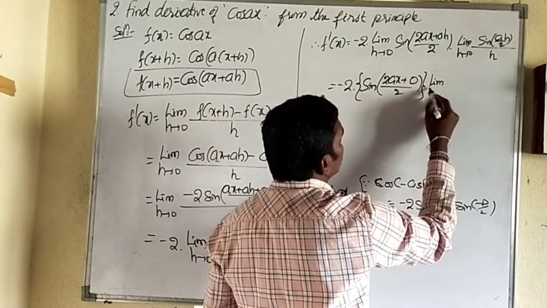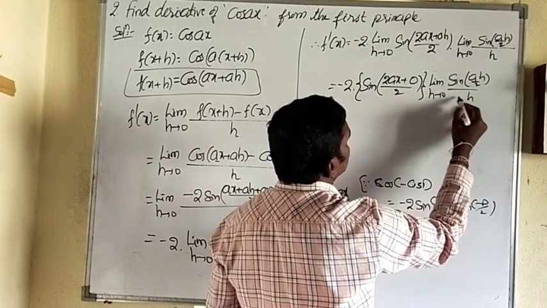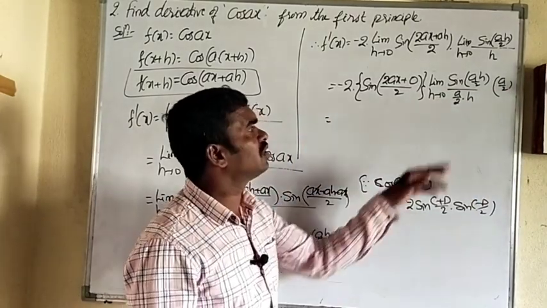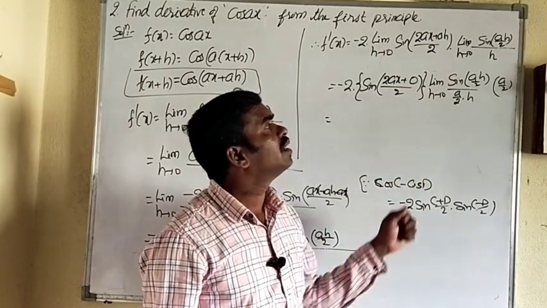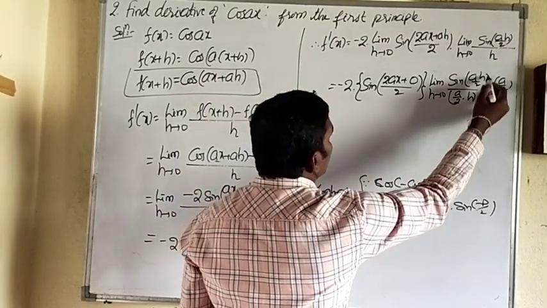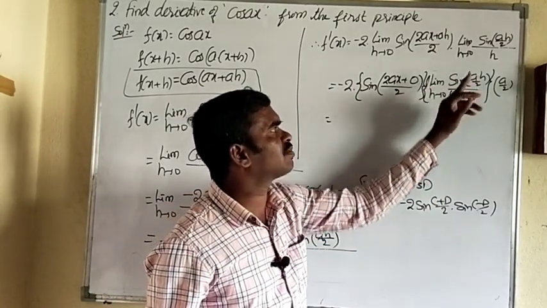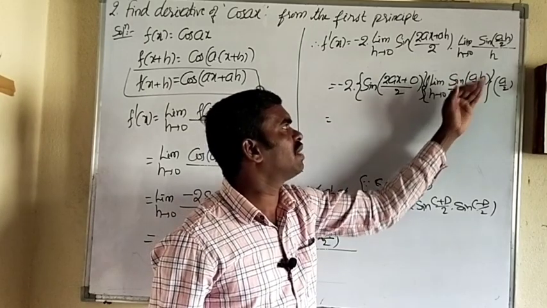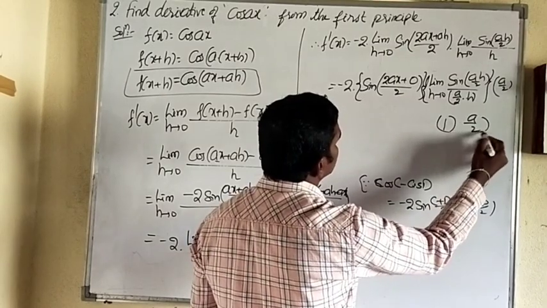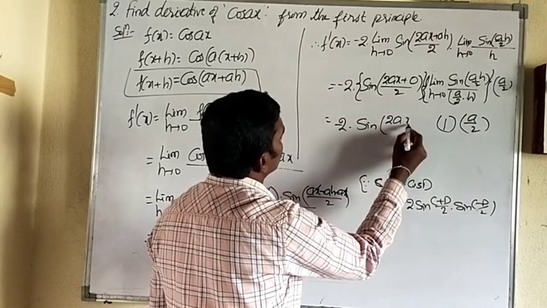So limit h tends to 0 sine ah by 2 by h, multiply a by 2: both numerator and denominator are multiplied with a by 2, because the a by 2 is additionally there. Now the value of this function becomes 1, because of the limit x tends to 0 sin x by x formula. So that is 1, and into a by 2 as it is. And here minus 2 into sin 2ax by 2.